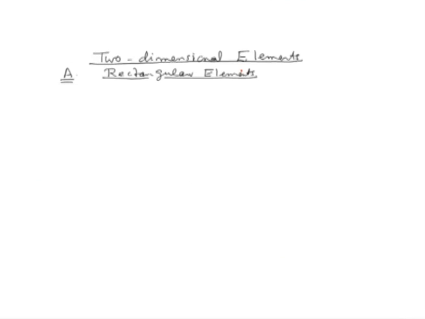But for the basic definitions, let us stick to the rectangle shape, and here again we need to define our natural coordinates. We need to introduce now two natural coordinates xi and eta.